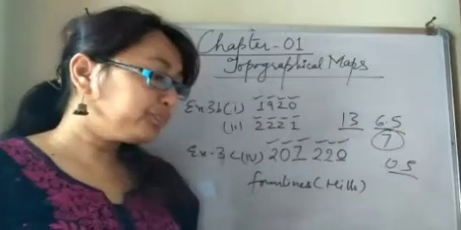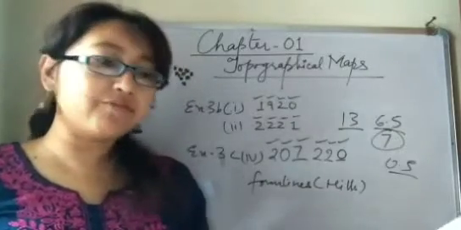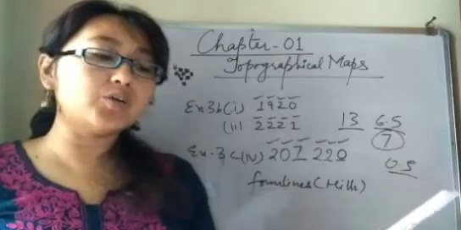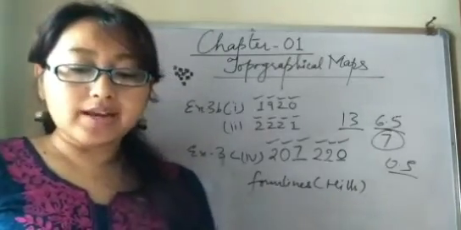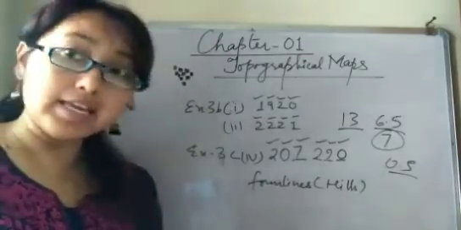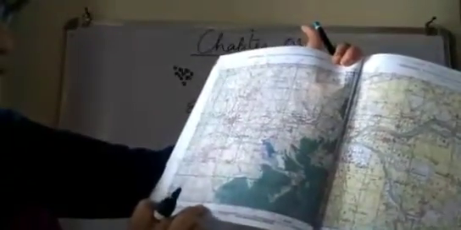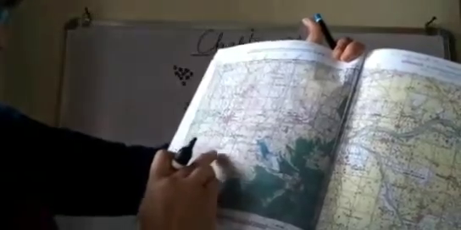Okay, now next is question number 5, 9R in grid square 2020. So this 9R is what?